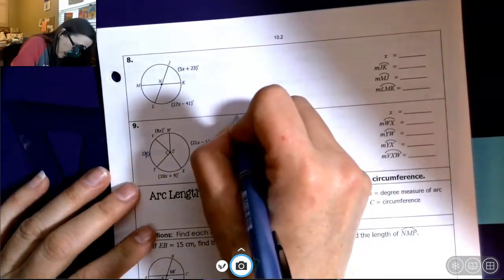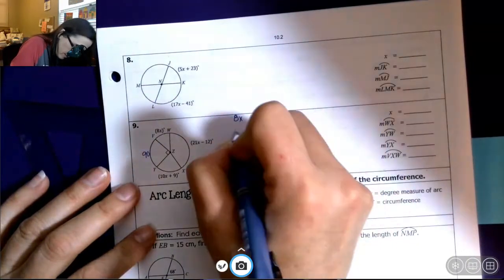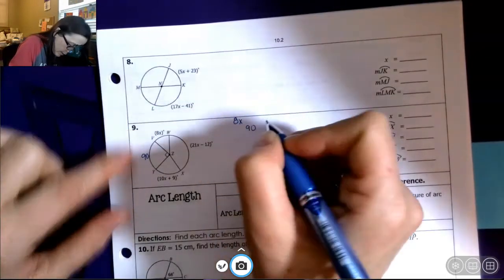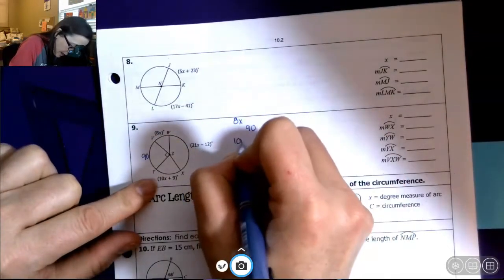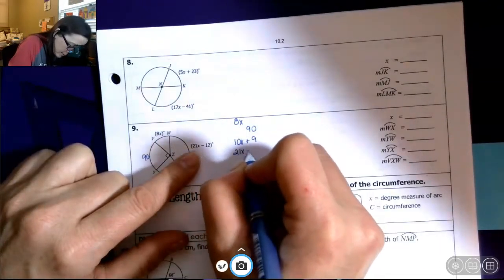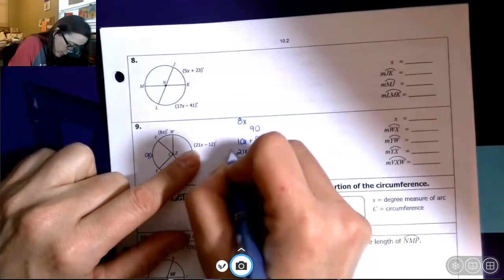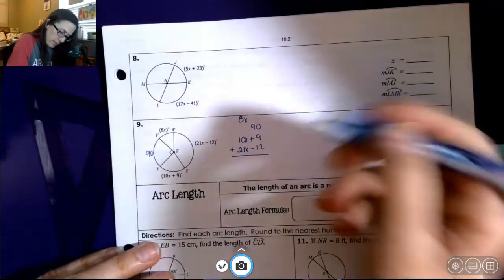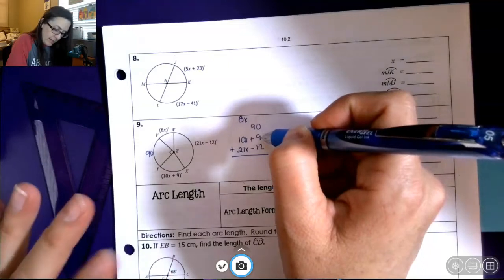So I could take 8x plus 90 plus 10x plus 9 plus 21x minus 12. I'm lining them up vertically here. So 90 plus 9 is 99.